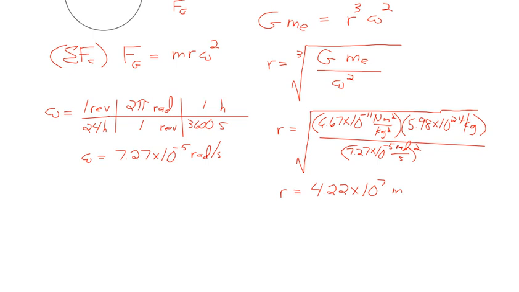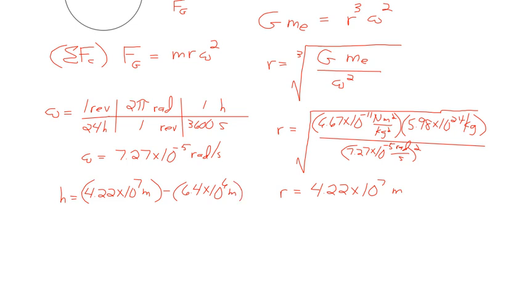And since the question specifically asked for the height, I'll do it over here. The height is going to equal that number, 4.22 times 10 to the 7th meters, and I'm going to subtract the radius of the Earth, which is 6.38, or actually, because of the numbers that I have here, I'm going to just write this as 6.4 times 10 to the 6th meters.